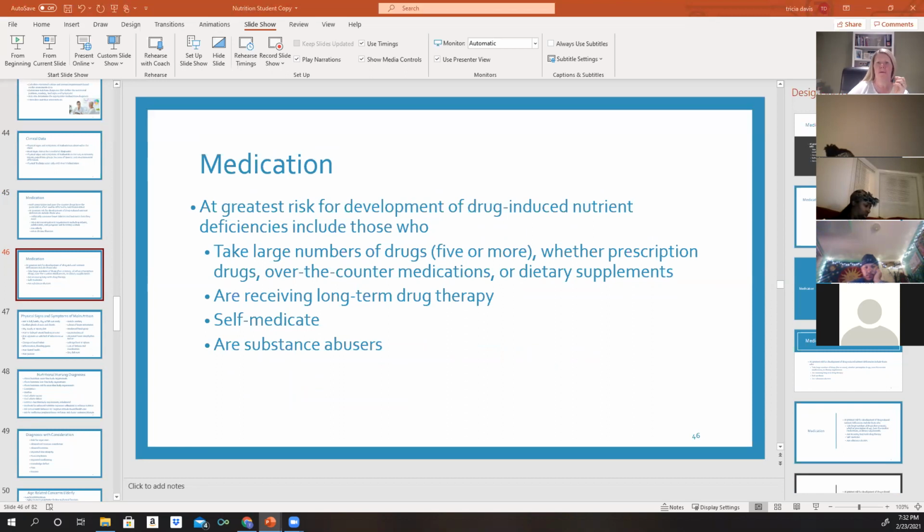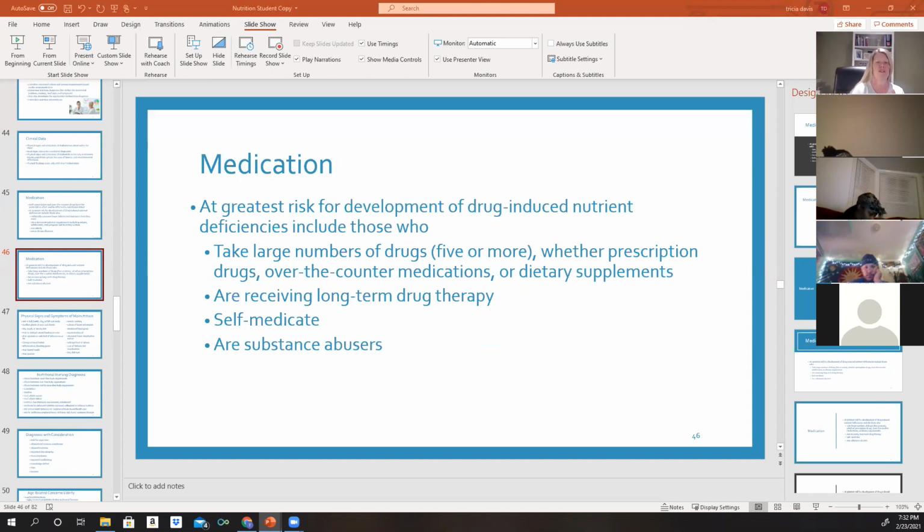Patients who take large numbers of drugs every day. Studies show that patients who take at least 5 or more, whether it's prescription, over the counter, any kind of combination or dietary supplements, tend to have issues with nutritional status.